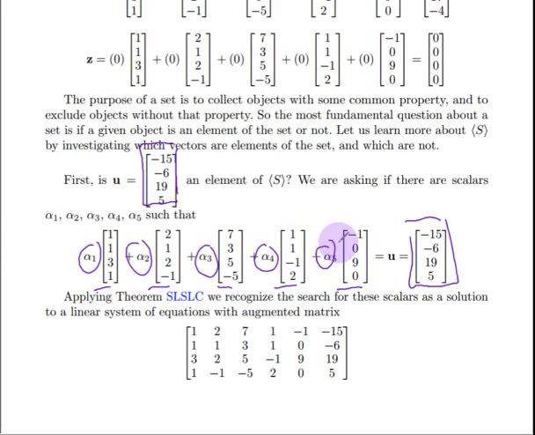Okay? Now actually this is a solution to a linear equation. You want alpha 1 times 1 plus alpha 2 times 2 plus alpha 3 times 7 plus alpha 4 times 1 plus alpha 5 times minus 1 equals minus 15, etc. The first, second, third, fourth entries of these vectors give 4 equations involving alpha 1, alpha 2, alpha 3, alpha 4, and alpha 5. And they're linear equations.